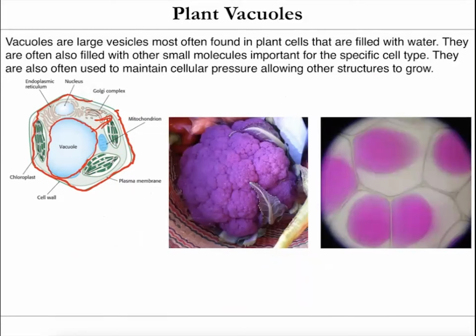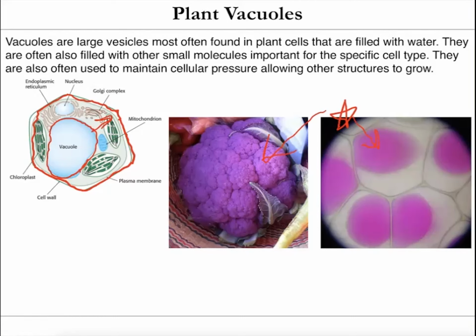So they give the cell a lot of integrity. They can also contain specific molecules that give specific cells specific features. So for instance, there are these anthocyanin molecules shown here in purple that are within the vacuoles of these plant cells. And this can give color to specific cells in specific plants.